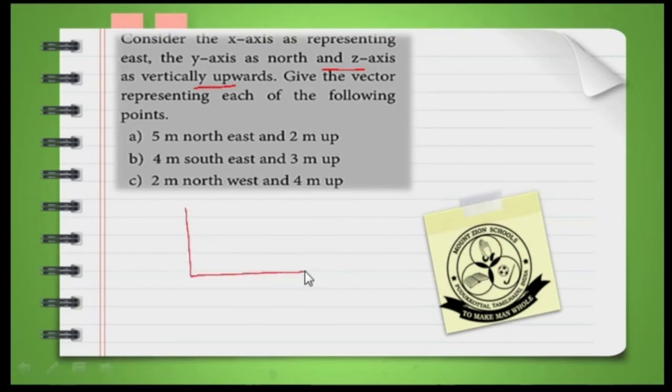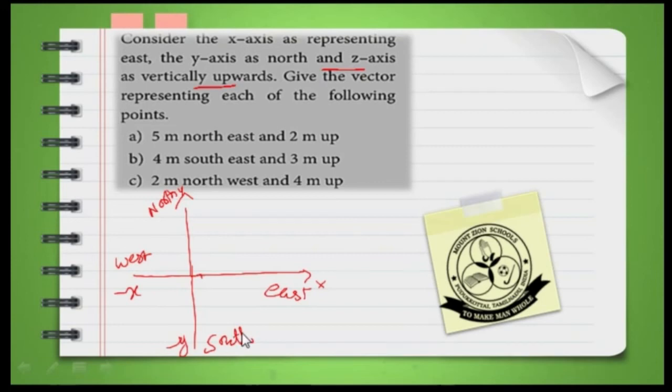X-axis represents east, y-axis north. Okay. Accordingly, we write this as west minus x-axis and minus y is south.